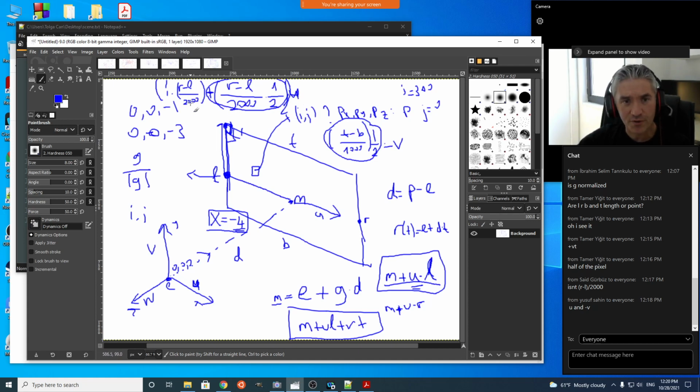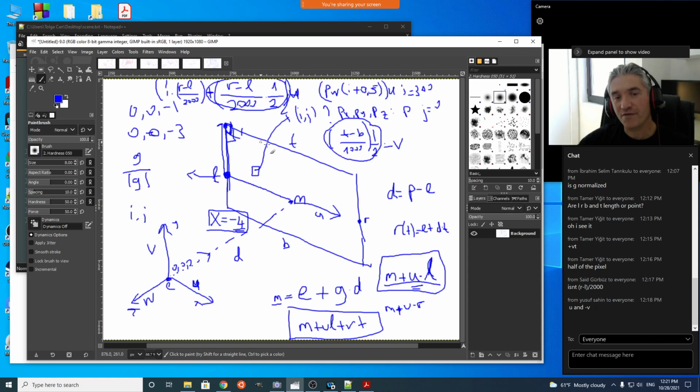Both of them contain r minus l divided by 2000, so call it some variable, your pixel width. So in parentheses it is i plus 0.5, i plus 0.5 pixel width multiplied by u.